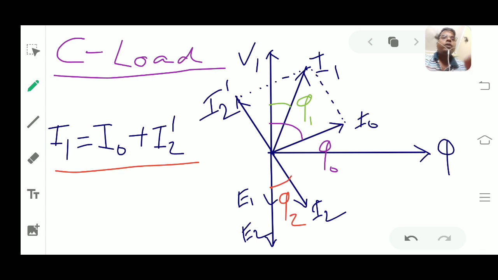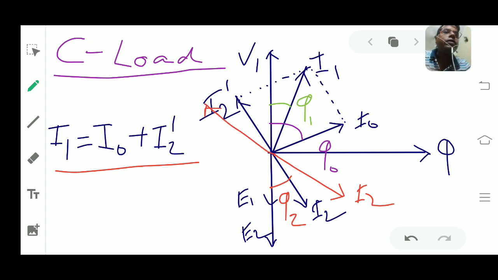So what will happen? Suppose this current I2 leads more, then what will happen? Let us see. If it is leading more, suppose here this is I2, then this I2 dash will be more here, right?